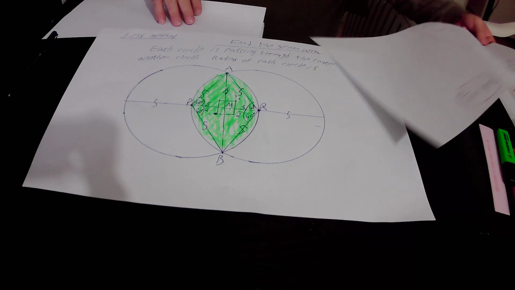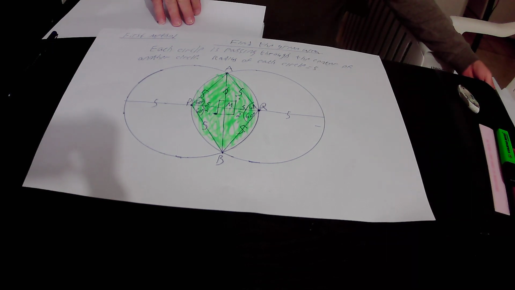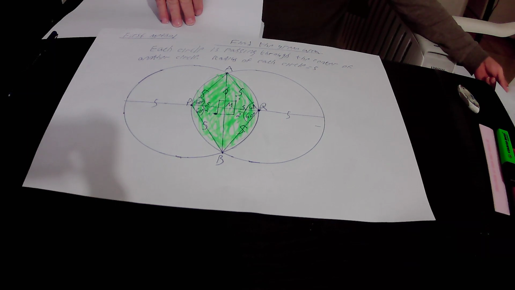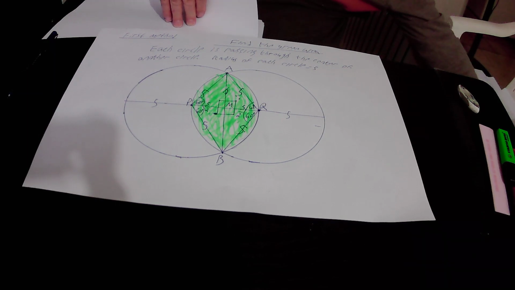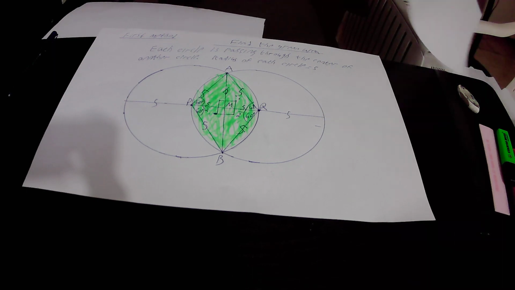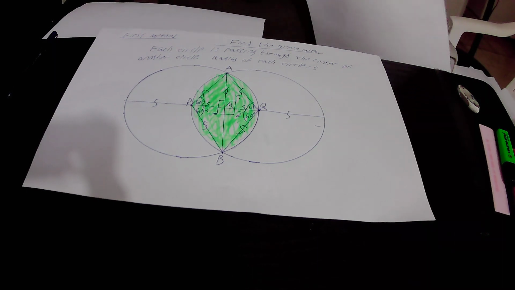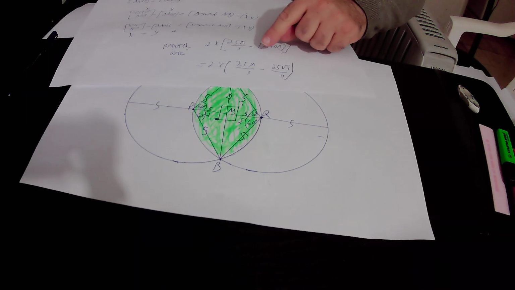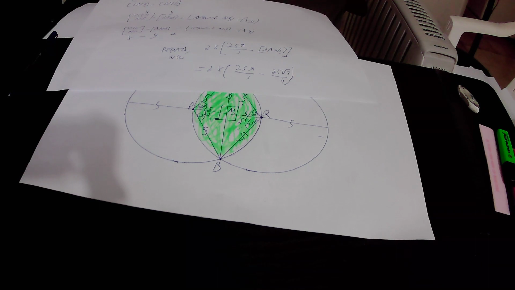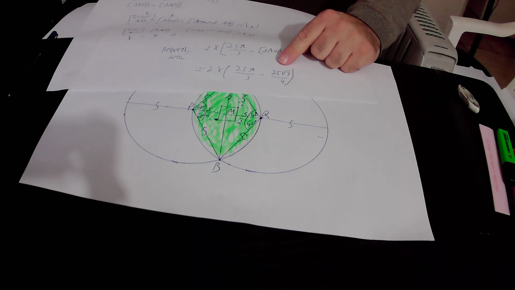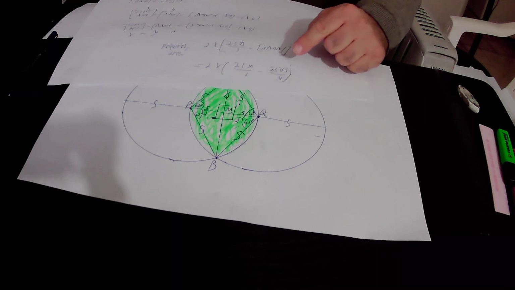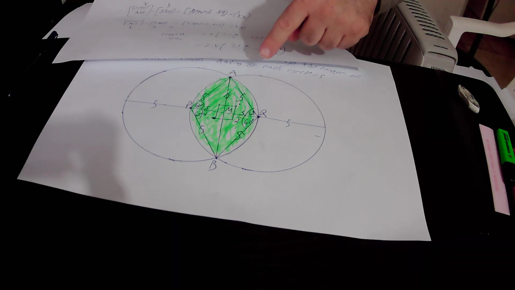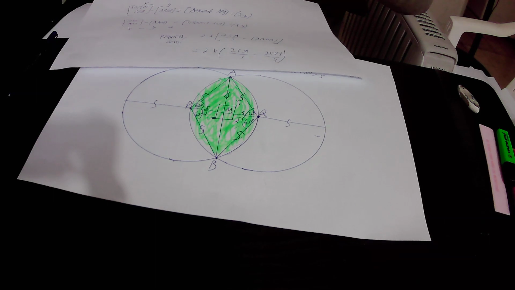Then we actually have to multiply by 2. The required area is the area of sector AQB minus the area of triangle AQB, multiplied by 2.